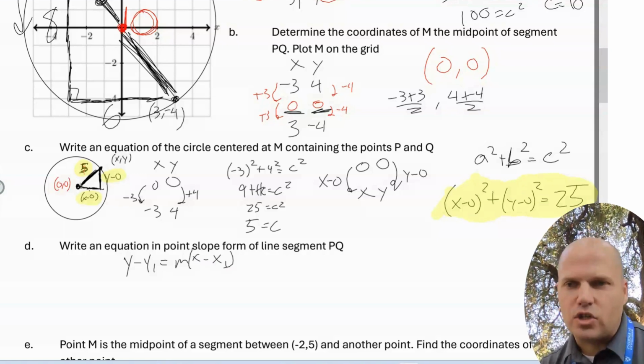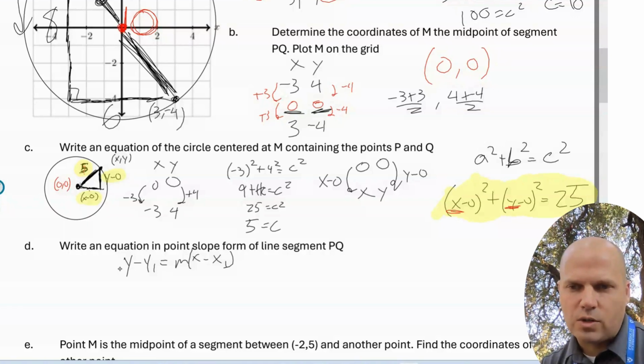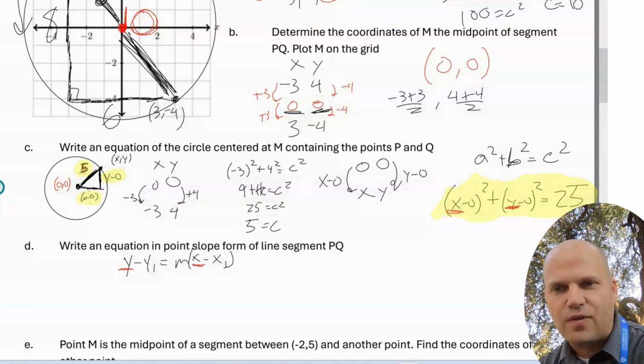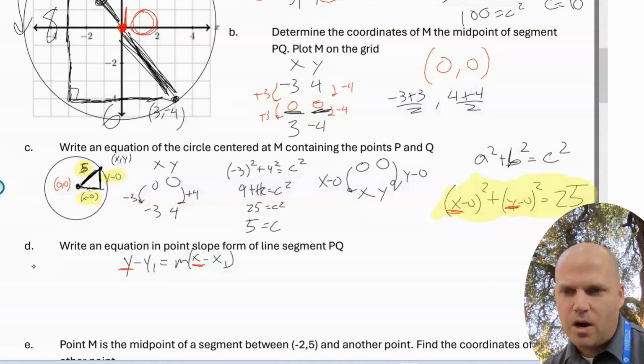All we need to do, just like we do for equations of circles, is hold the x, hold the y. So don't change the y, don't change the x. But we need to find information, just like we found the 5 here. We need to find the slope. Well, we already found the slope earlier. Remember, the slope came from our friend Mr. T-chart.